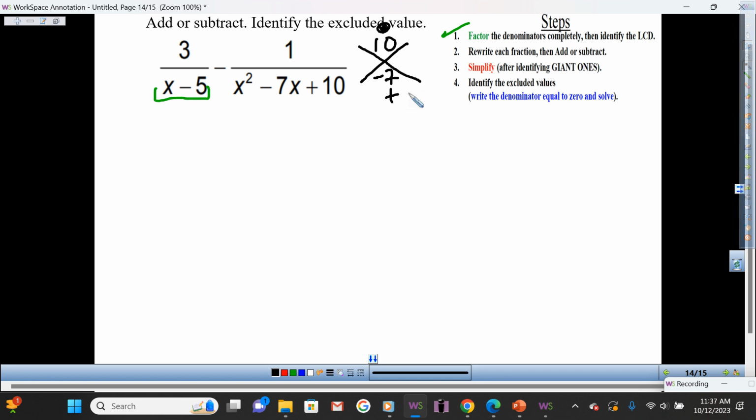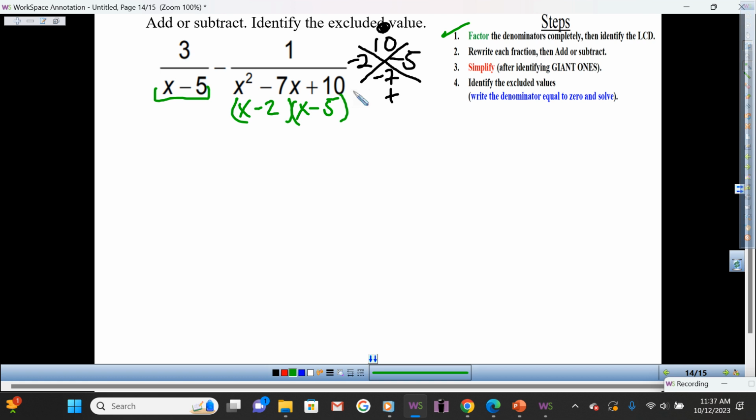Sorry. What are those numbers? Don? Negative 2 and negative 5. Hands if you agree with that. Yeah, so my factors for this denominator are x minus 2 and x minus 5.